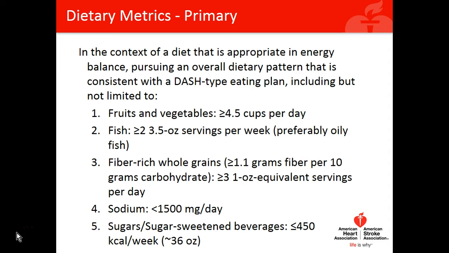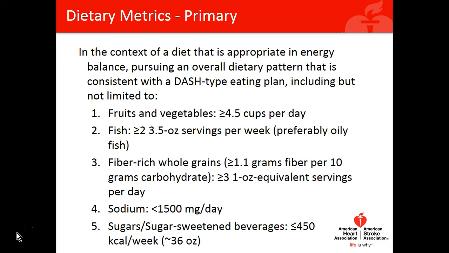The including side is what we actually use to measure, but they also left the notion of not limited to, so there's flexibility with recommending healthy dietary patterns, particularly on an individual basis, as long as they're following a DASH-style eating pattern.